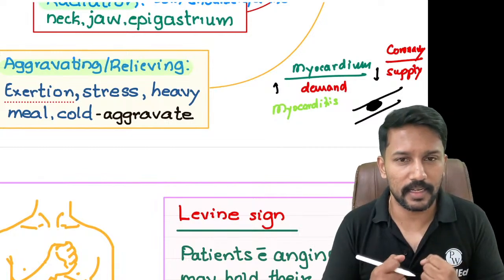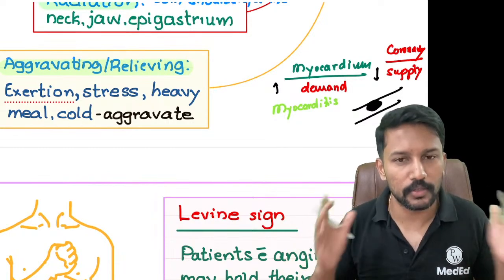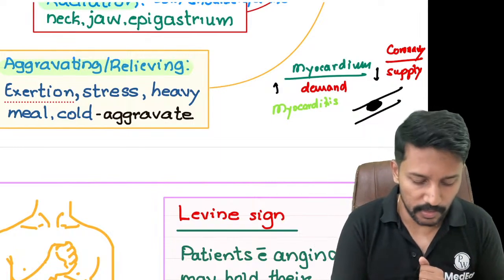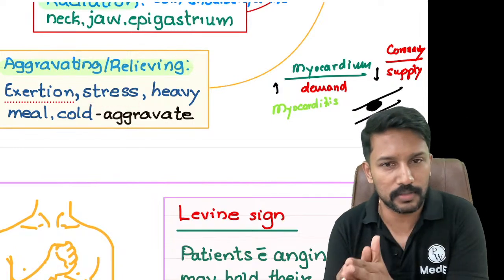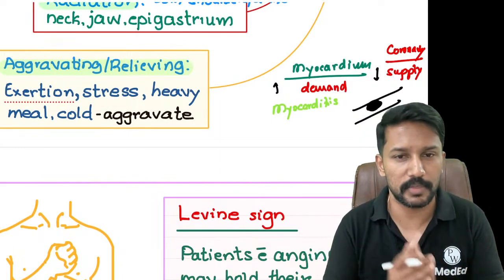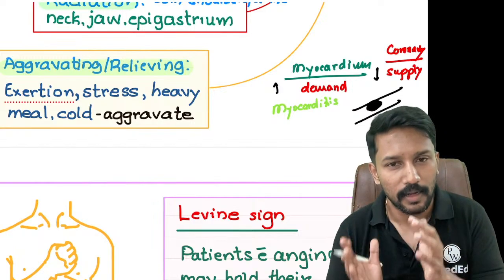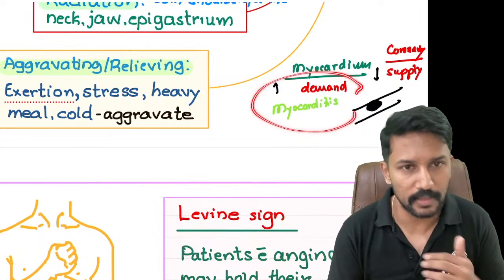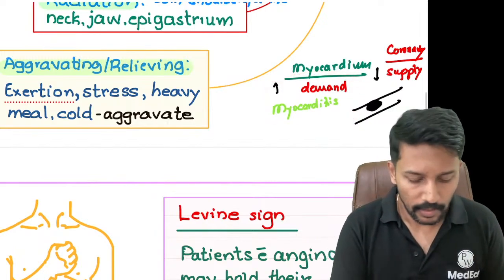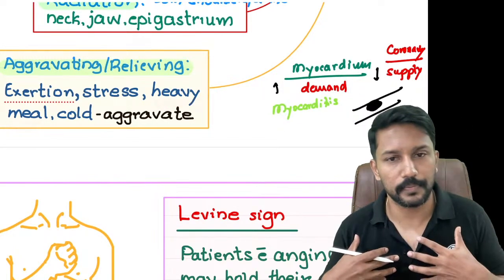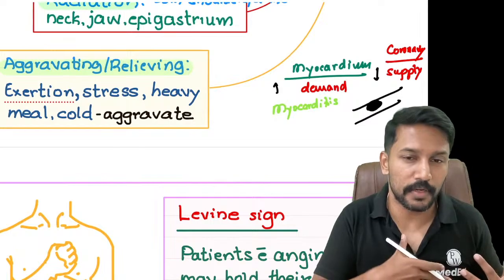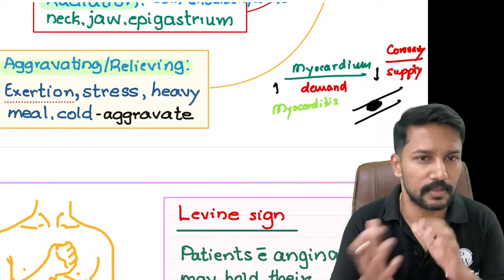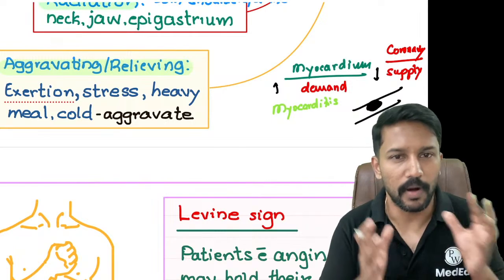When we do physical activities, the body needs more blood supply, so the myocardium needs to work more and its oxygen demand increases. Similarly, under physical or emotional stress, the sympathetic nervous system is activated, heart rate increases, myocardial work increases, so its oxygen demand increases. After a heavy meal also, the cardiac output gets diverted to the GIT and less blood flows through the coronaries. Again, we can have an imbalance between demand and supply.